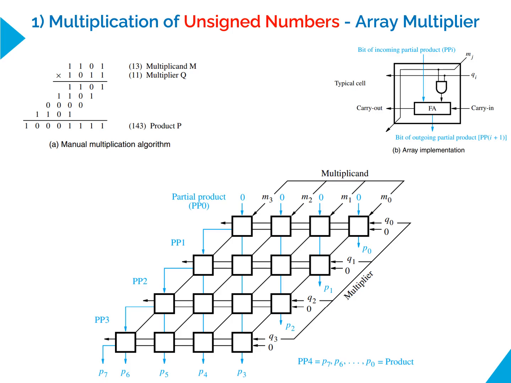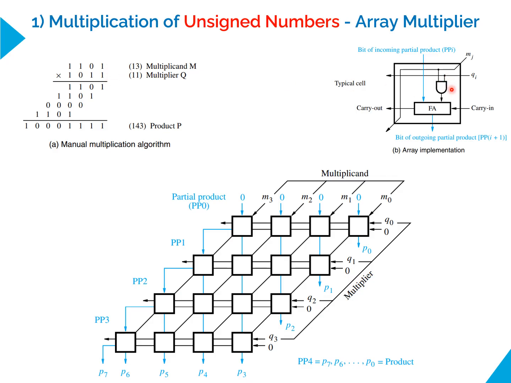In the array multiplier, we will see how we can implement it in a circuit using the basic gates and the full adder circuit. So you have the multiplicand and the multiplier. We have taken 4 cross 4 binary numbers, and this is the partial product, and we have the final product. If we want to multiply one bit of the multiplier and one bit of the multiplicand, it is just an AND operation.